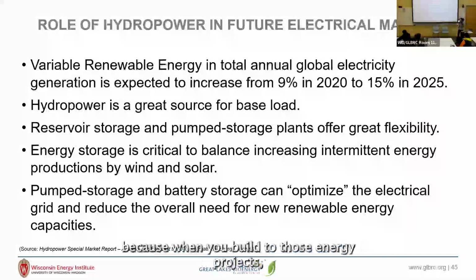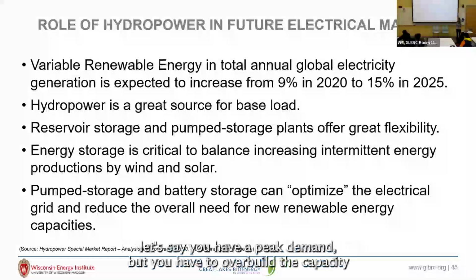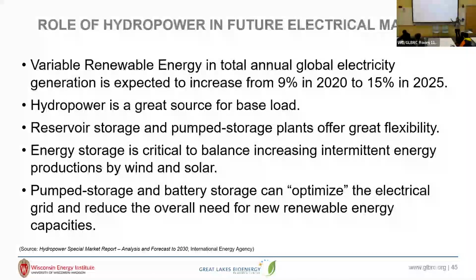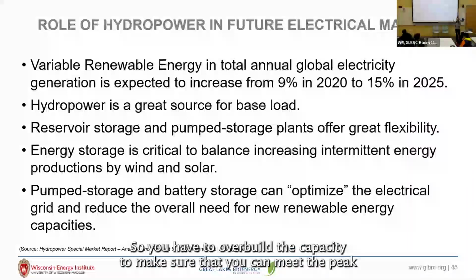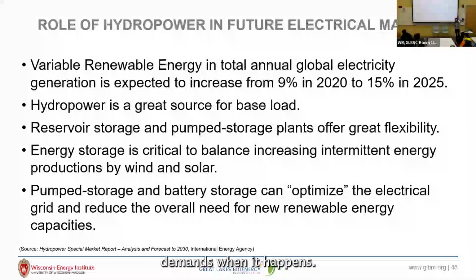Because when you build those energy projects, let's say you have a peak demand, but you have to overbuild the capacity to account for the variability, when the wind and solar are not maximizing their production, or worse yet, sometimes go down to zero when you have cloudy days, when you have no wind days. So you have to overbuild the capacity to make sure that you can meet the peak demands when they happen.